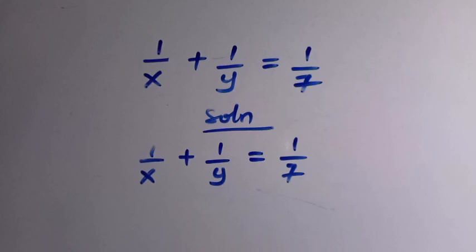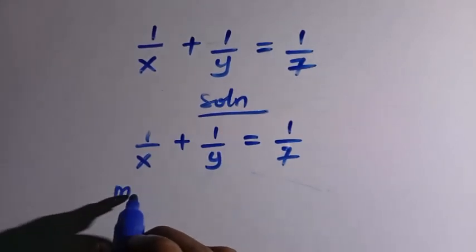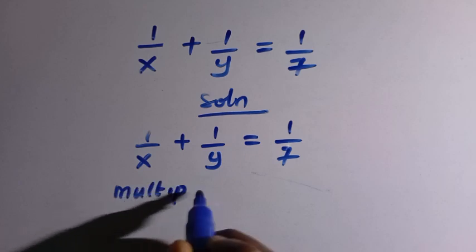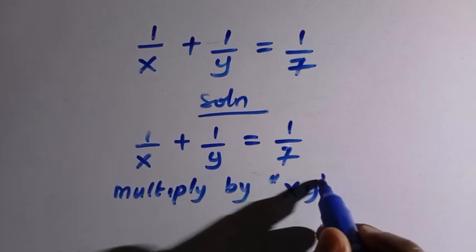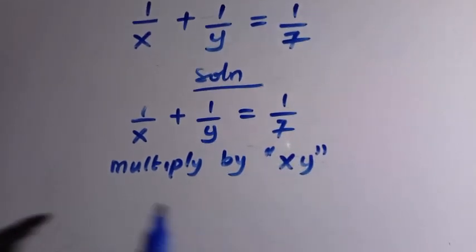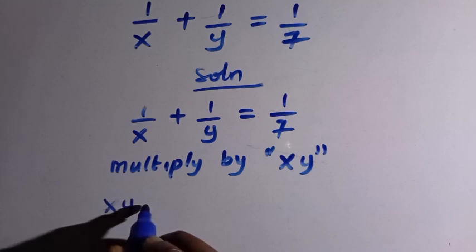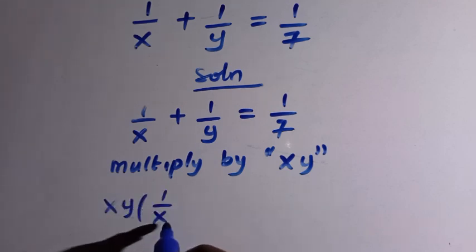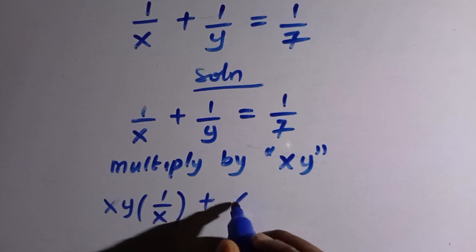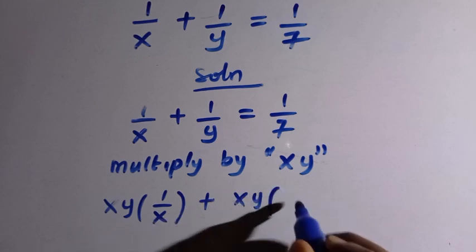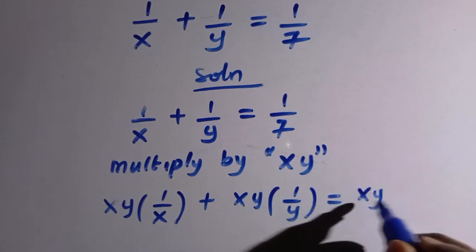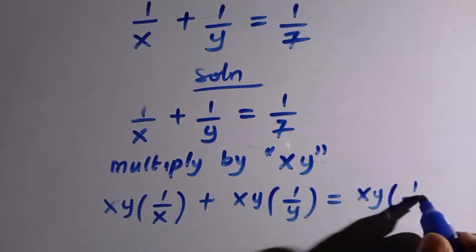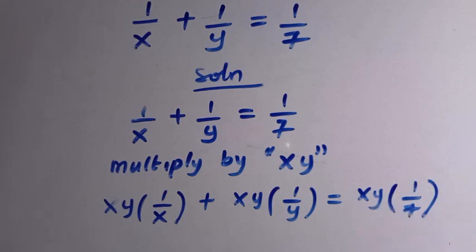So let's try to remove the fraction here by multiplying by xy. When we multiply by xy, we have xy multiplied by 1 divided by x plus xy multiplied by 1 divided by y equals xy multiplied by 1 divided by 7.